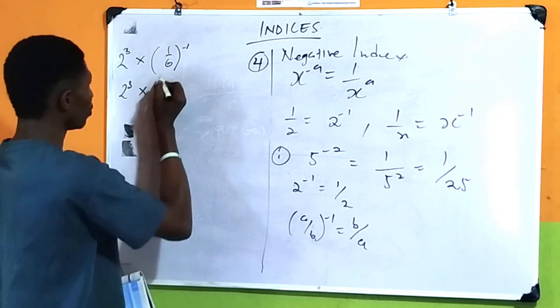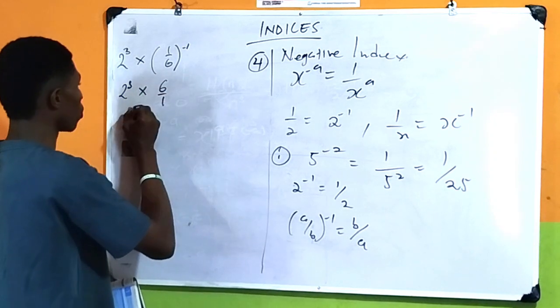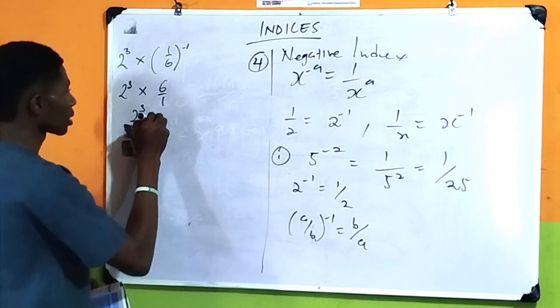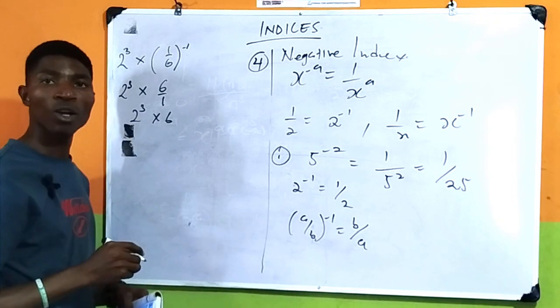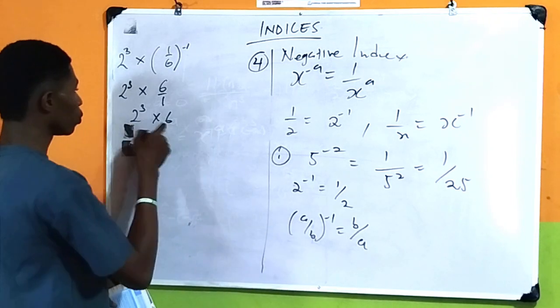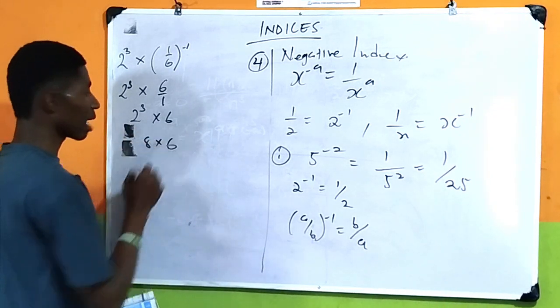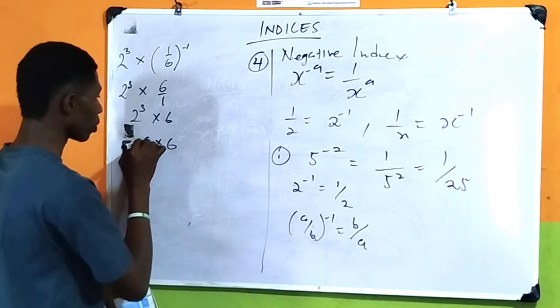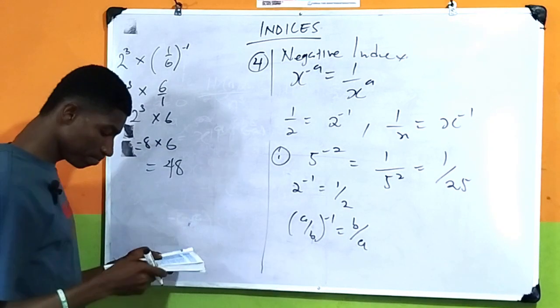Reciprocate 1 over 6, which is 6 over 1. So we have 2 cubed times 6, because any number over 1 is that same number. So 2 cubed is 8, times 6. And 6 times 8 is equal to 48.